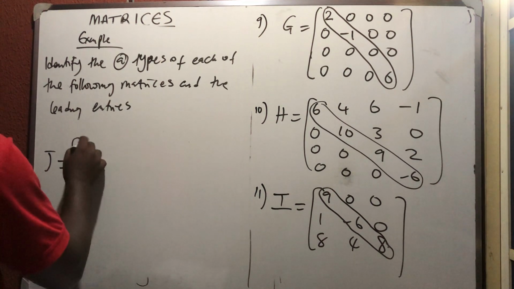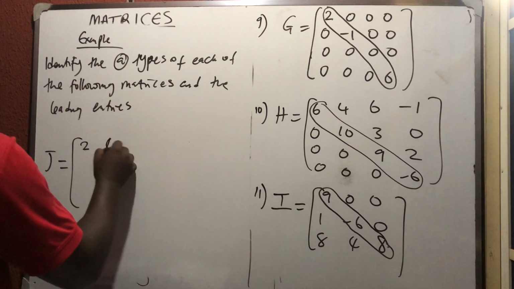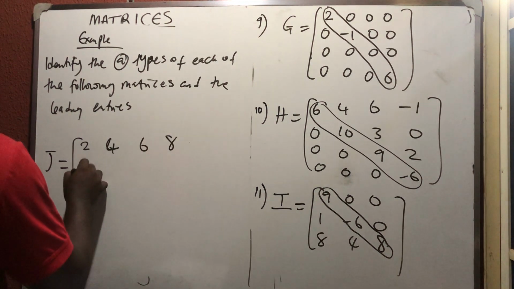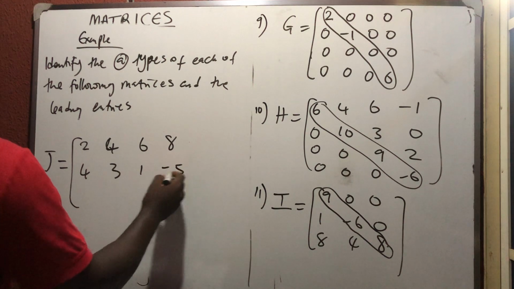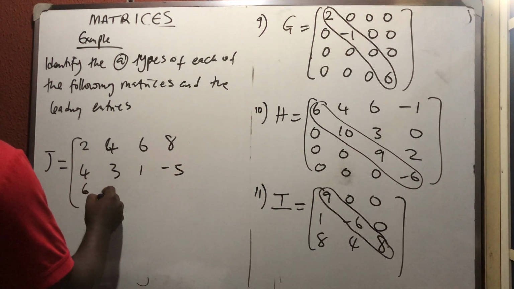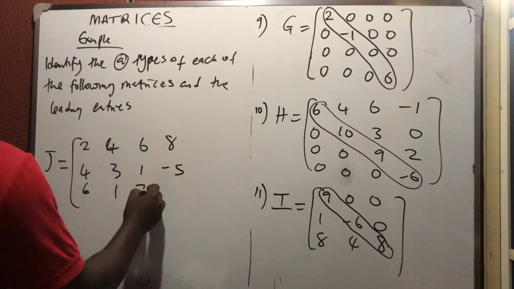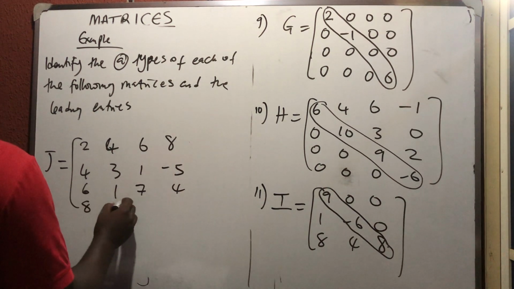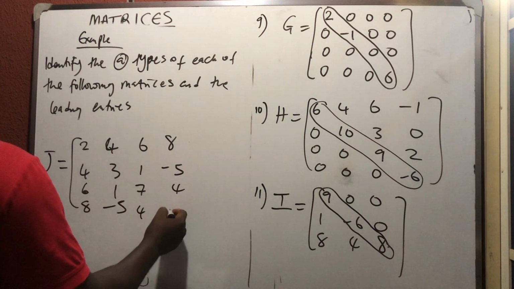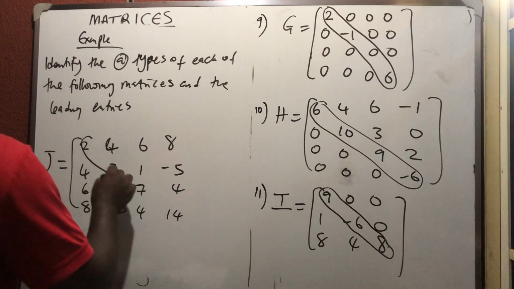Okay, the next one: J is equal to 2, 4, 6, 8, 4, 3, 1, minus 5, 6, 1, 7, 4, 8, minus 5, 4, 14. Now this is my diagonal.